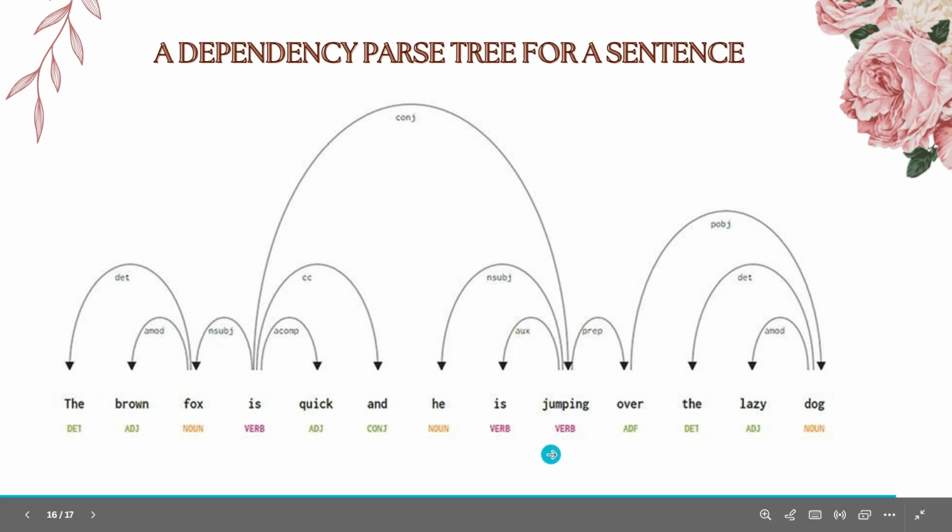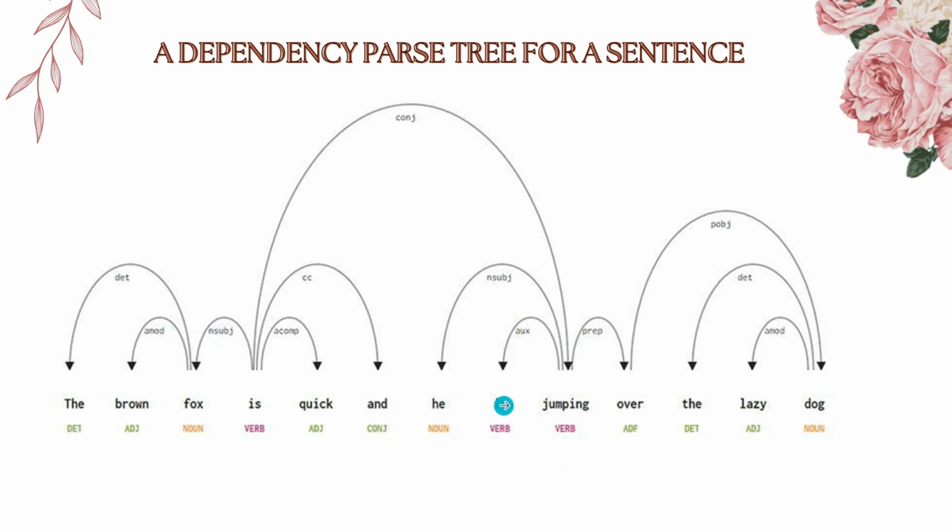Here the example is and to is, and is to jumping. These two have the CC and conj dependency. The next dependency tag is AUX, that is auxiliary or secondary verb in the clause. In this example, jumping to is is the AUX dependency relationship.